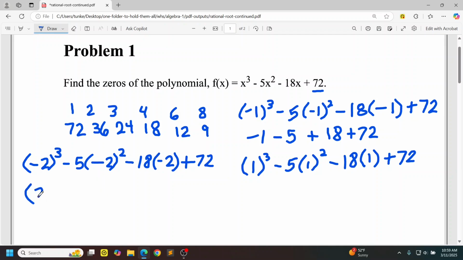Let's move to positive 2. So do 2 cubed minus 5 times 2 squared. And this can take you some time to find the right one. Minus 18 times 2 plus 72.